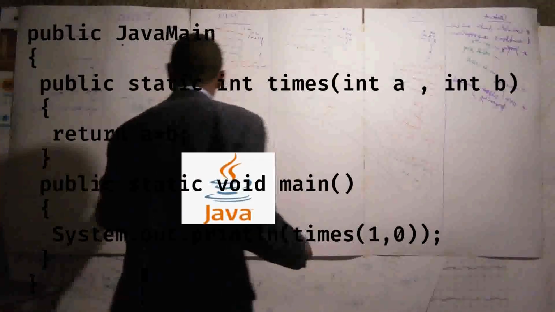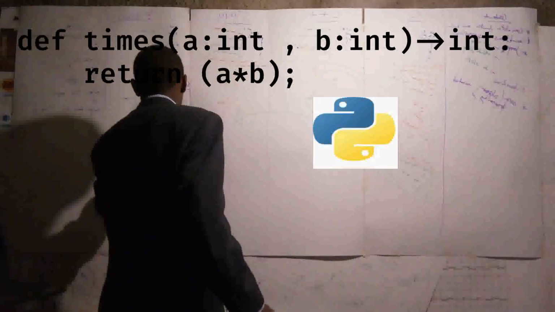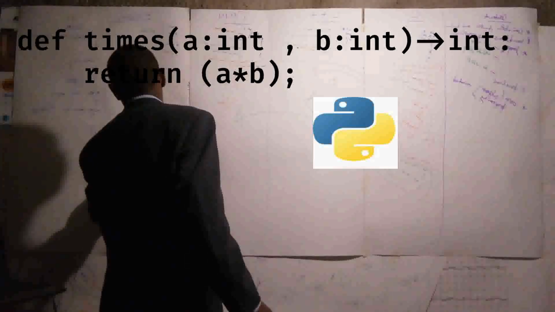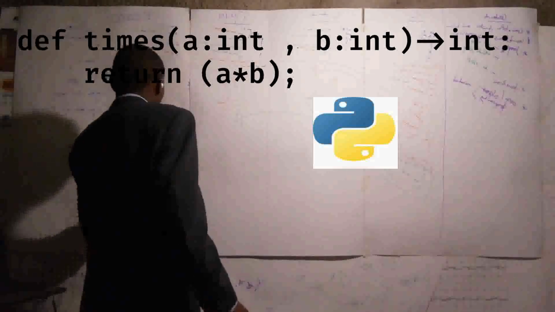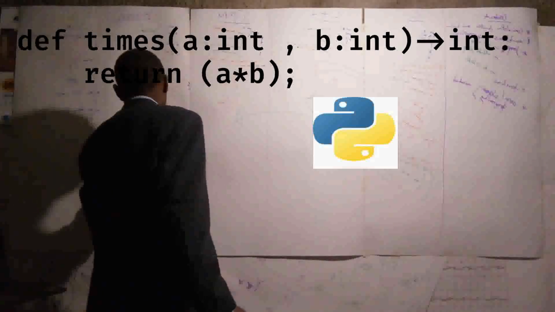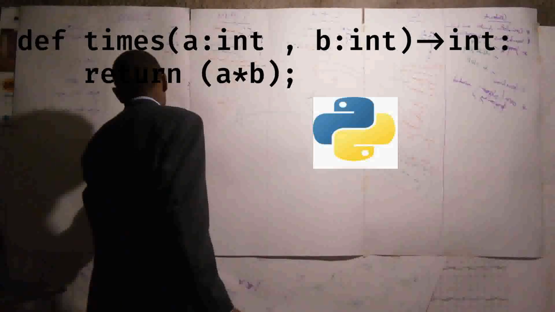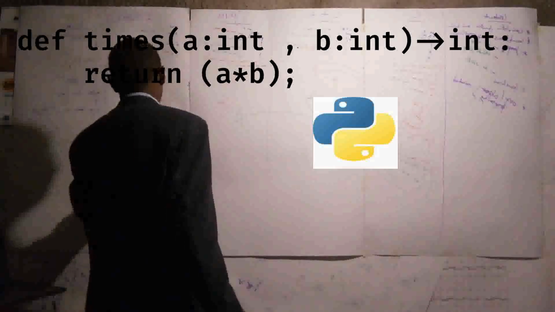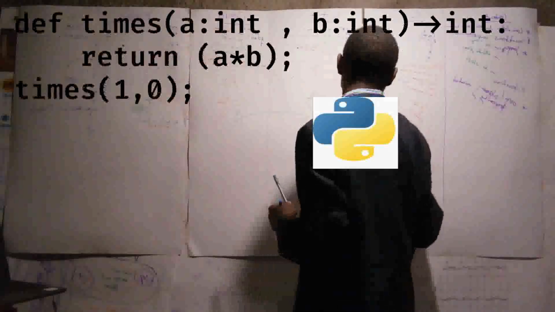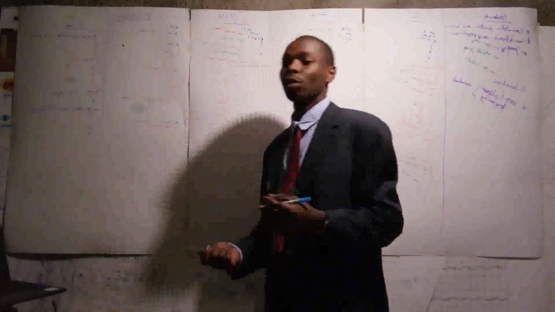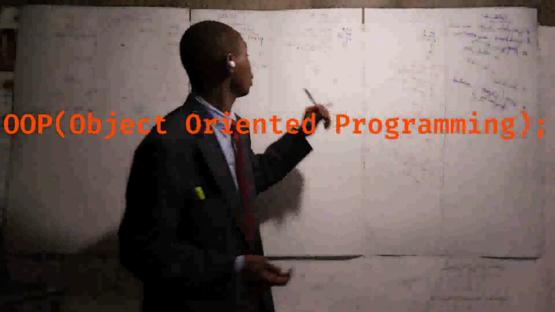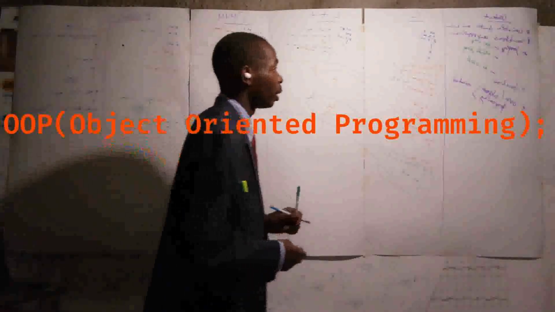In your Python you can write def times with A and B, then the colon, four spaces of indentation, and return A times B. This way we return the multiplication of two numbers with these functions in C, C++, Java, and Python.